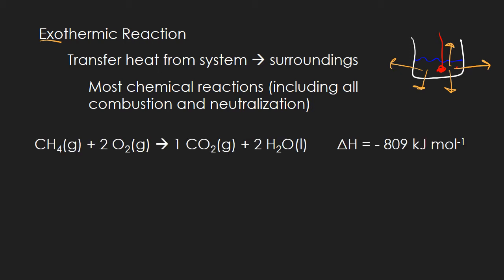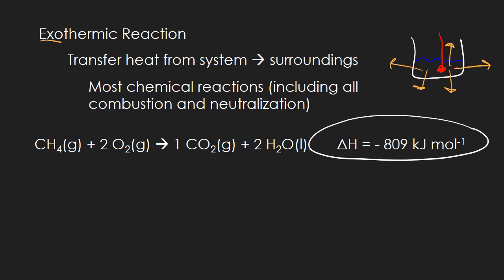Here is an example of what an exothermic reaction looks like. You've seen reactions before. So here we have methane reacting with 2 oxygen to make 1 carbon dioxide and 2 waters. You should be used to that. It's on the right-hand side that is new to us. So we have our delta H, and as we saw before, delta H means the change in heat. So where is the heat going?